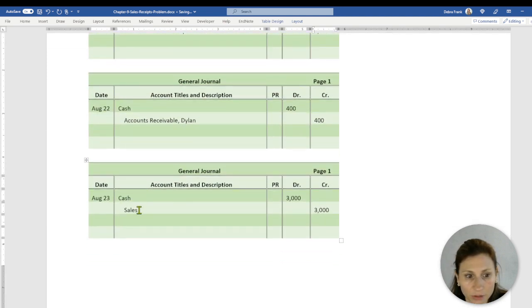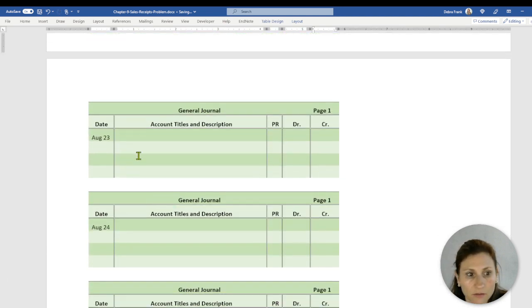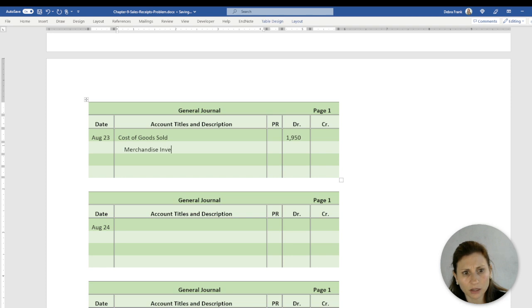Oh my goodness, so many. Well, cost of goods sold 1,950, and then our merchandise inventory no longer on the shelves for 1,950. Okay, so we're done with that August 23rd transaction.